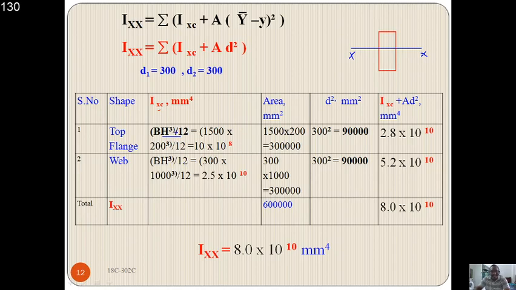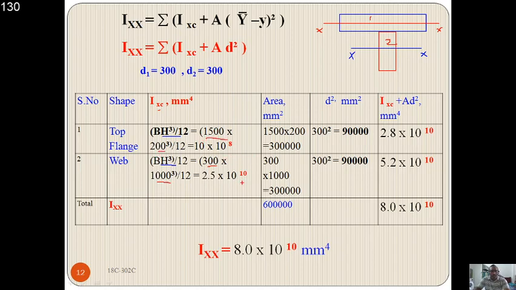For the top flange and web like that, the same formula holds good for both. There are individual axes of the xx. So this is the first one, this is the second one. For the first one also bh cube by 12 and the second one also bh cube by 12, and corresponding values have been used for both the bh cube by 12.